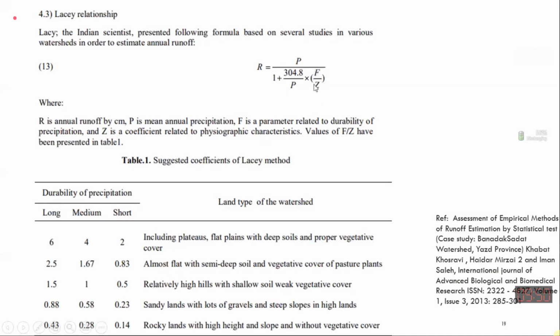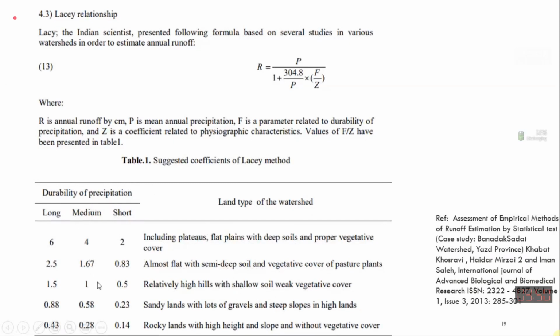So the F over Z factor was described by this researcher depending upon the land type and the type of precipitation: long, medium, short precipitation; land types such as flat plains with deep soils, flat with semi-deep soil, relatively high hills. So the type of soil and slope is described over here, and the type of precipitation is described over here.